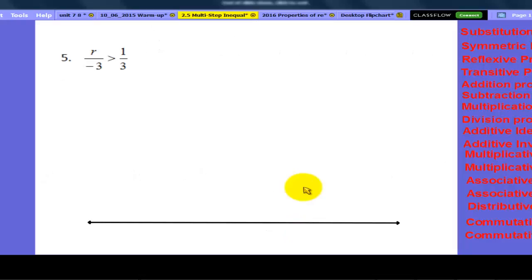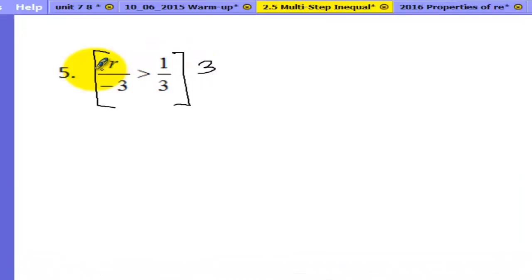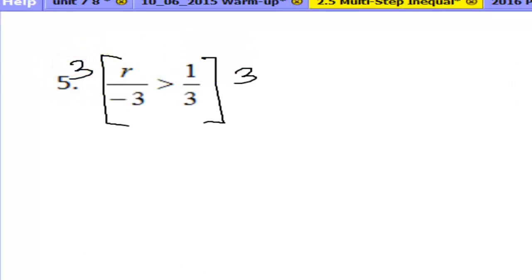Alright, so let's try to apply the different properties of inequality in solving multi-step inequalities. Here I have a fraction, I have a denominator, so the first step that we have to do is to get rid of our denominator. So I'm going to use our multiplication property to multiply both sides by a number.